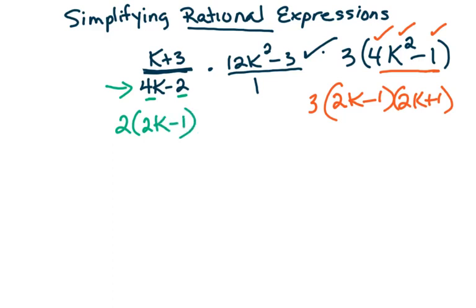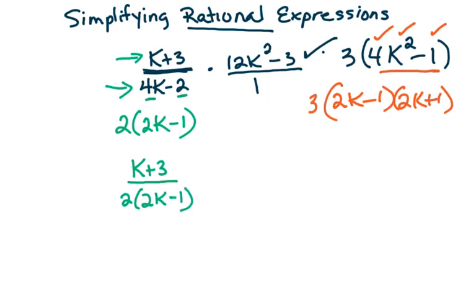All right, now I'm going to rewrite this so you can see what's going on. Okay, so I know that I've still got this k plus 3. So I'm going to go k plus 3 on the top, divided by 2 times 2k minus 1.